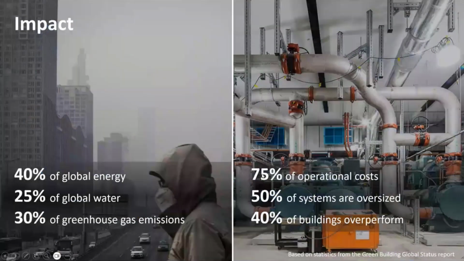So, the impact of moving towards a digital factory or smart factory: we can save 40% of global energy and global water, and reduce emissions. Nowadays is the time of ESG and SDG, where we need to go to carbon zero and so on.